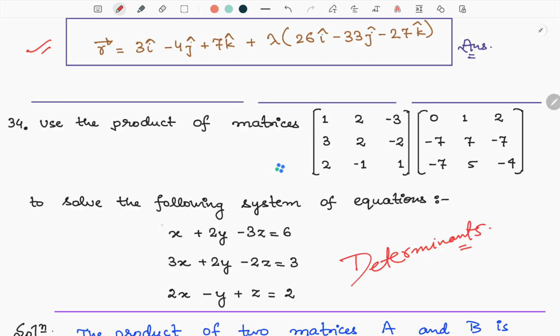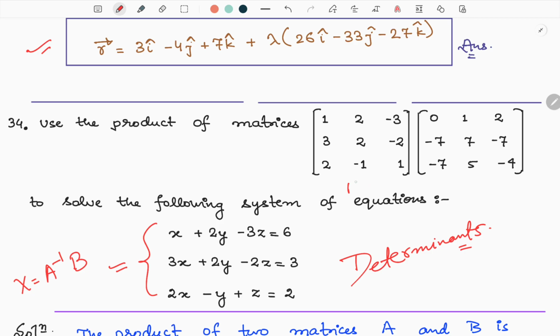We have to first calculate a given product of two matrices, and then we are asked to find the value of x, y, z. We are not asked to find it using the conventional method by first calculating A inverse, then multiplying it with B, and then finding x. So let us see how this product is going to be useful for us.